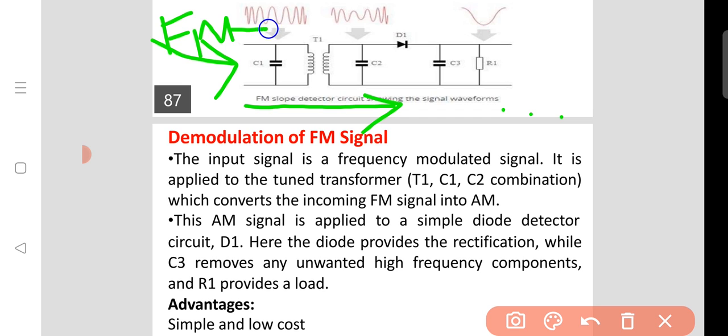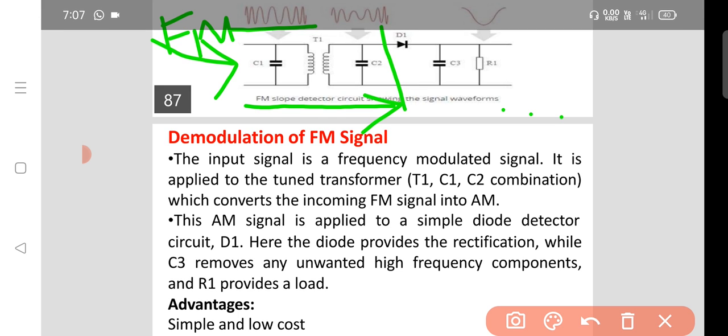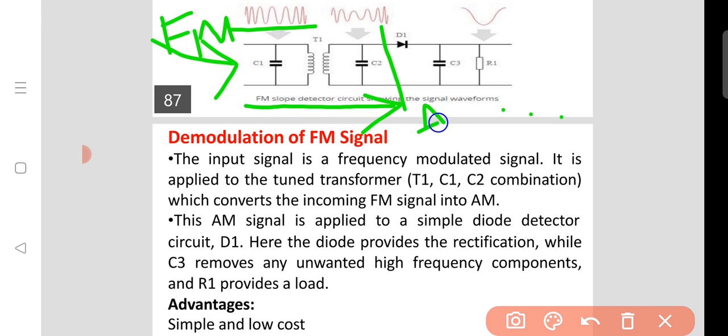After that, just observe this diagram. This is the voltage, these are the frequency variations, but it has fixed amplitude levels. Then that is passed through the tuned circuit's frequency discriminator. At the output side of the tuned circuit, an AM signal is produced corresponding to the change in amplitude caused at the output of the frequency discriminator.